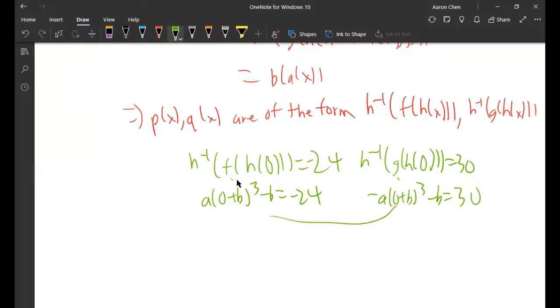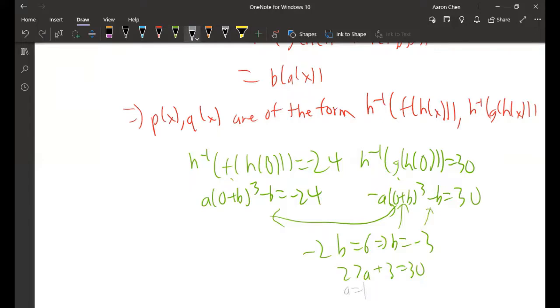And so if we add these two up, then what we get is negative 2b is equal to 6. So b is equal to negative 3. And when we substitute this value of b back into any of these, I substitute it into this one, we get that 27a plus 3 is equal to 30. And so that means that a is equal to 1.